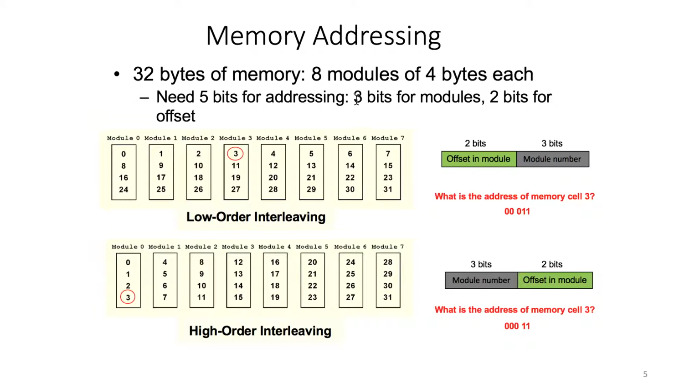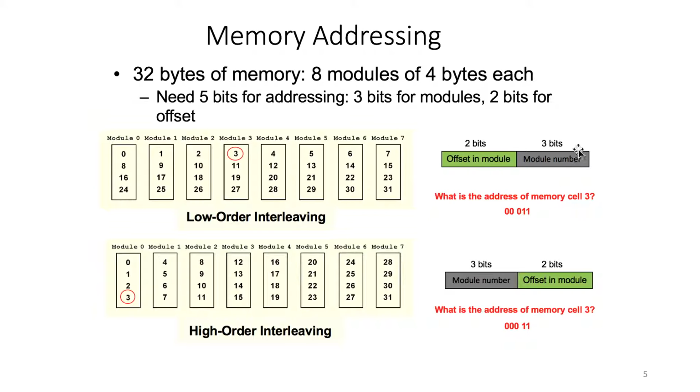Specifically, we have 3 bits for the module addressing and 2 bits for the offset addressing within one module. In the scenario of low order interleaving, we have the 5 bits for addressing right here. The low order bits represent the module number, and the high order bits represent the offset in the module.